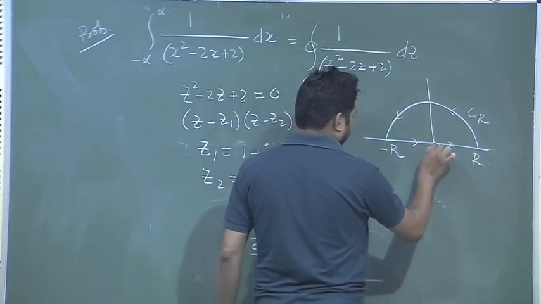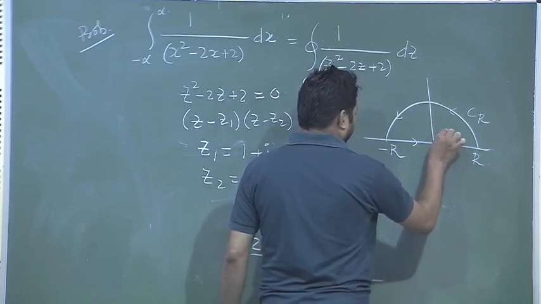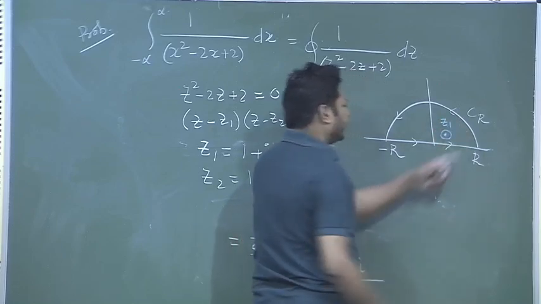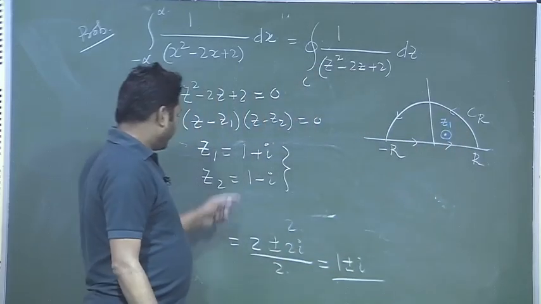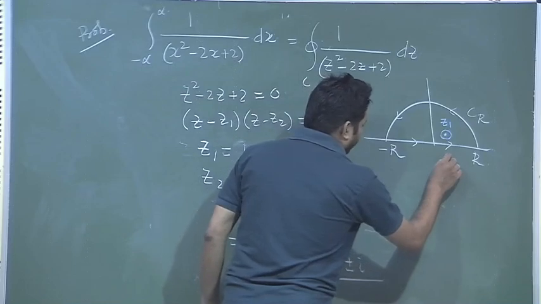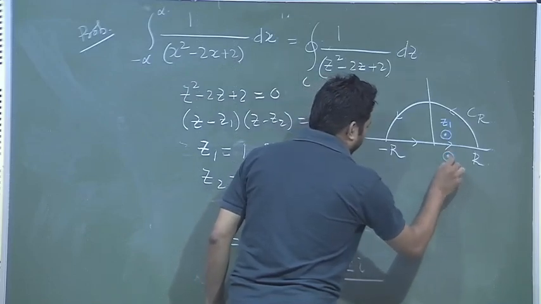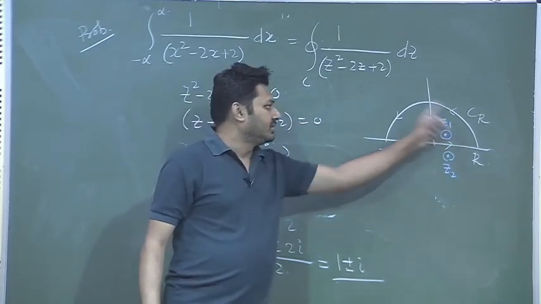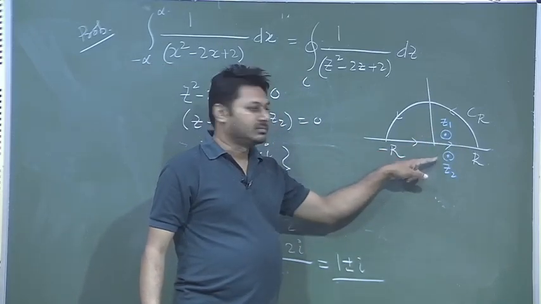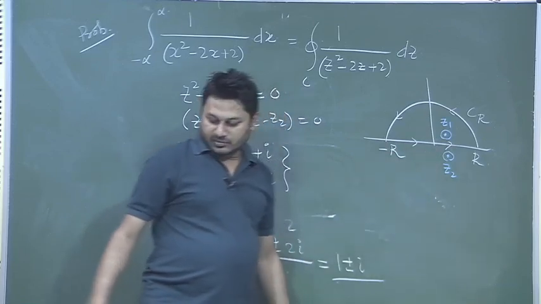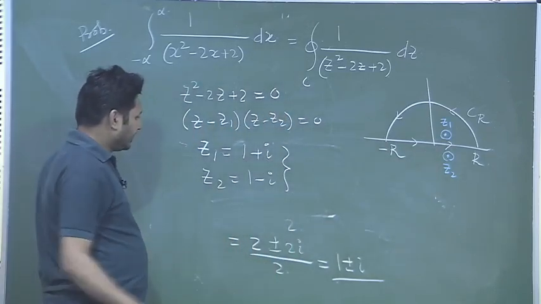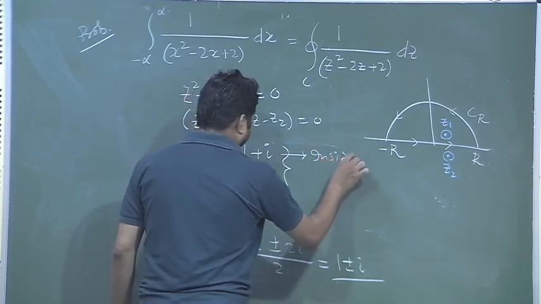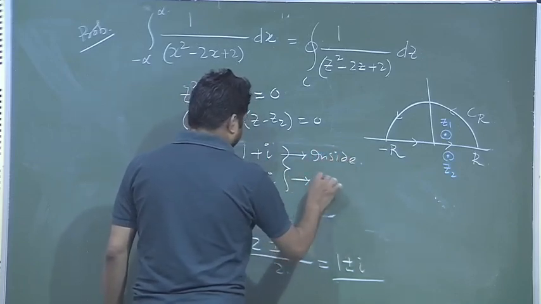This is the point z1, which is inside this region, mind it, and the other point is its mirror image, which is here, z2, and it is outside the region, just outside, not inside. So z1 is inside and z2 is outside.